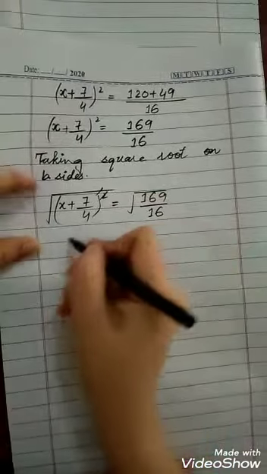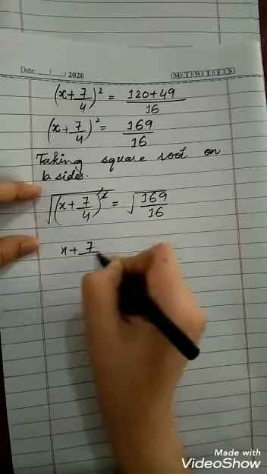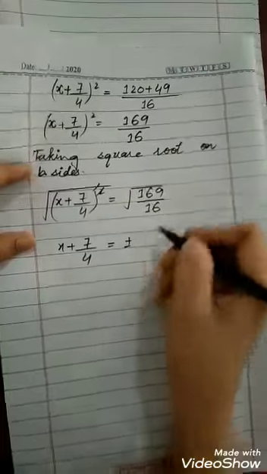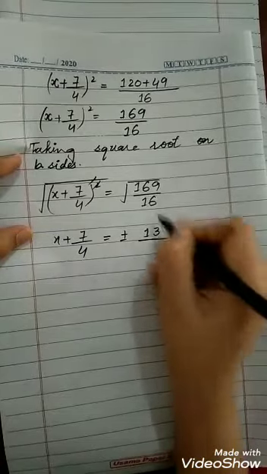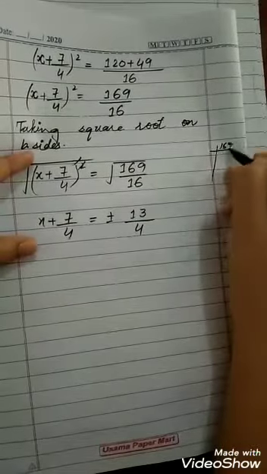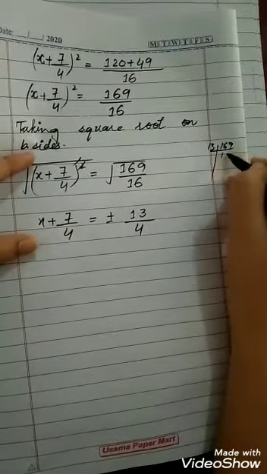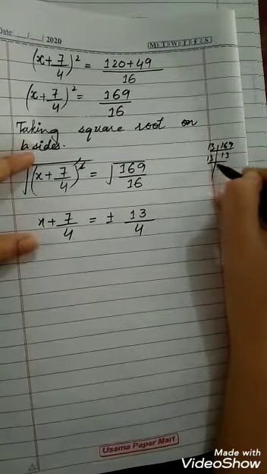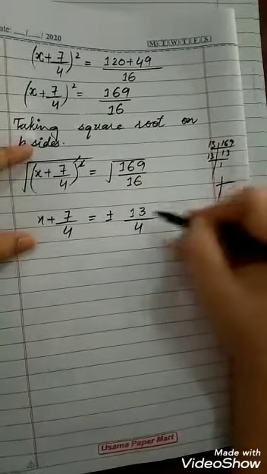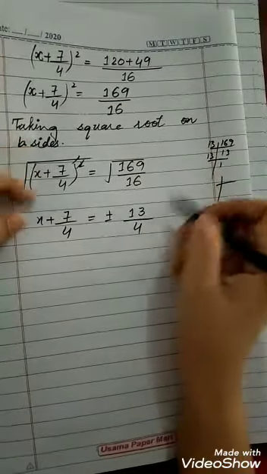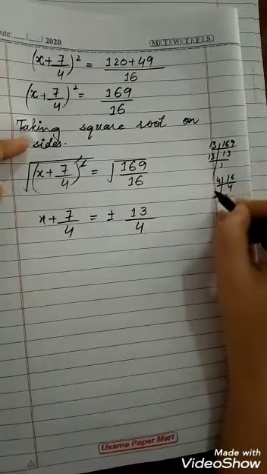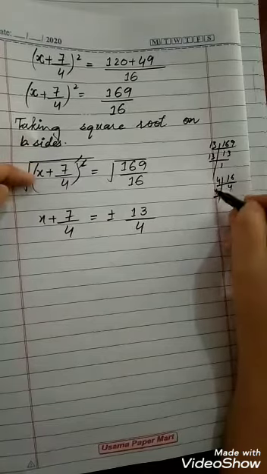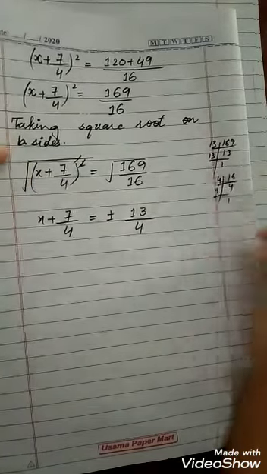It cancels with the square, so x plus 7 by 4 is equal to plus minus the square root of 169, which is 13, and the square root of 16, which is 4. After simplifying, 169 is 13 times 13, so that is a pair and it will cancel with the square root. 16 is 4 times 4, so 4 and 4 pair is there, and it will cancel with the square root.